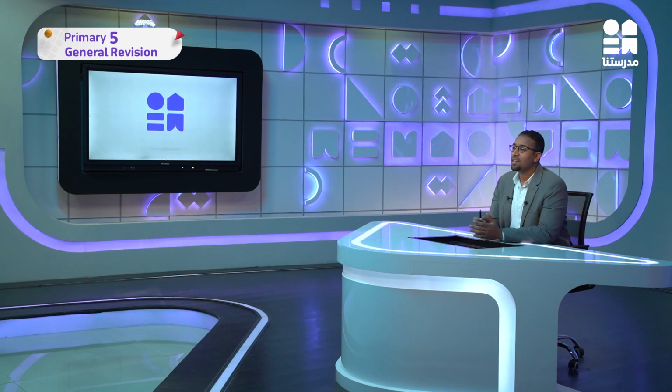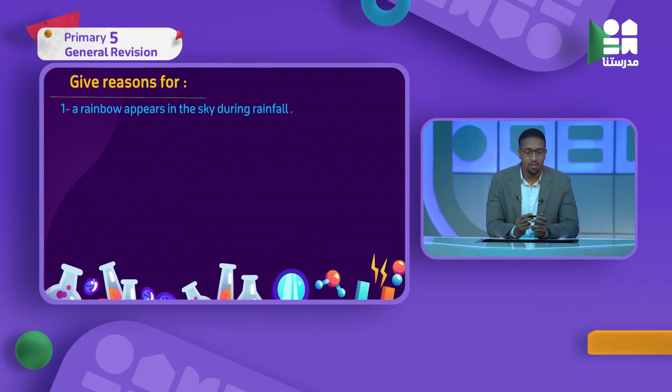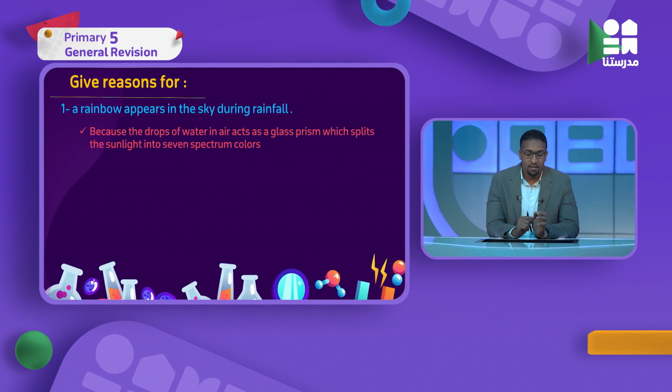Also not. Refraction? Reflection? And the last one was separation. So it is due to separation of white light, because drops of water in the air act as a glass prism which splits the sunlight into 7 spectrum colors. This will be the answer.